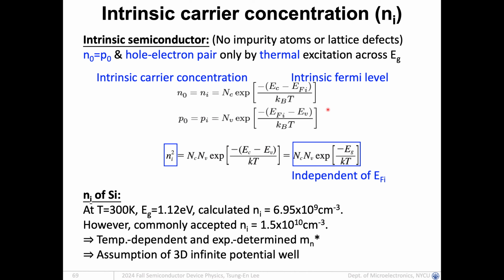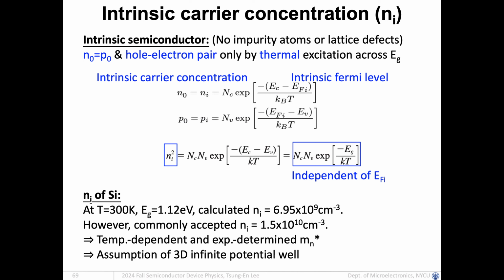Next, now that we can understand the position of the conduction band, valence band, and Fermi level, we want to introduce another concept in the band diagram: the intrinsic carrier concentration. Intrinsic means that there are no impurity atoms or lattice defects.